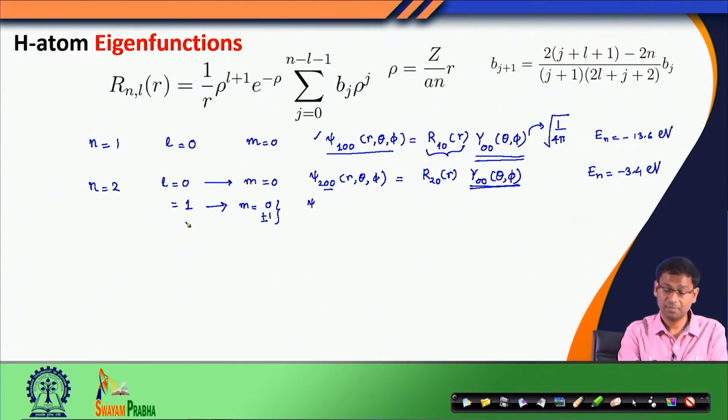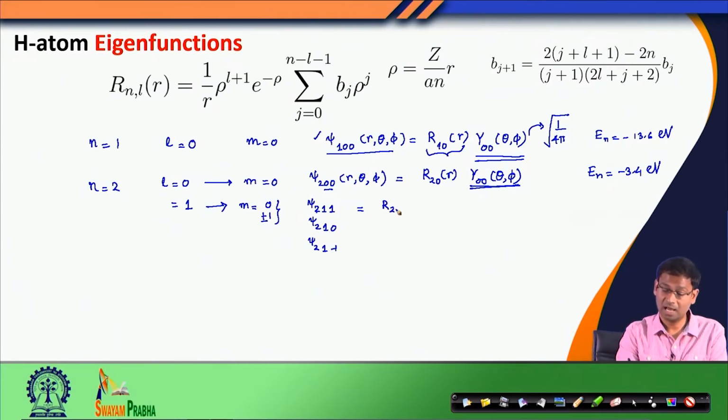How would I write them? I would write them as psi 211, psi 210, psi 21 minus 1. Say this is n, same for all three, L again same for all three. All the three functions, they differ by their m values. How would I write this?